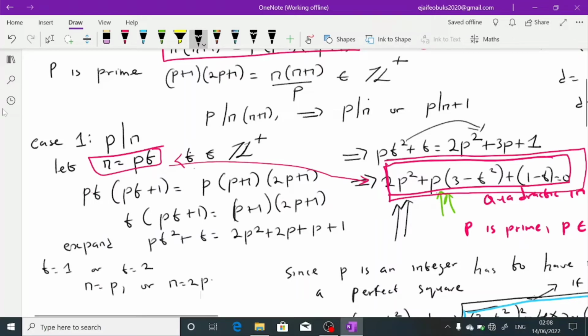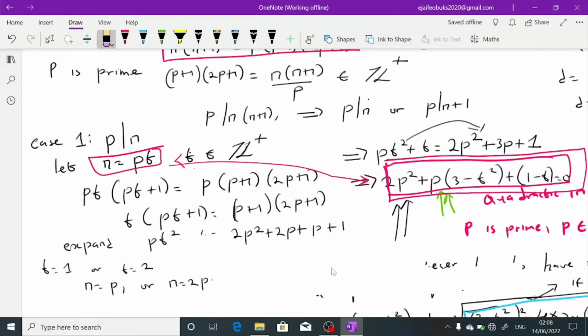Let me erase some sections out so we can have space.